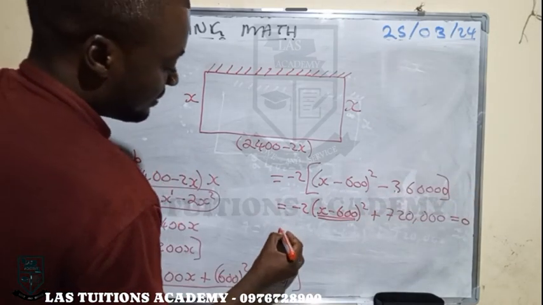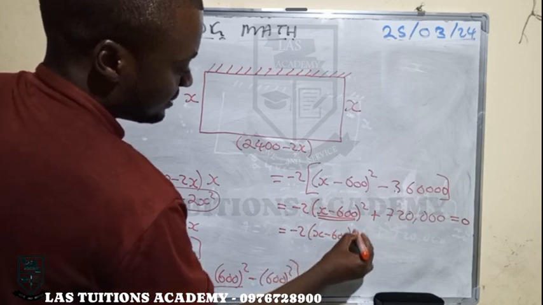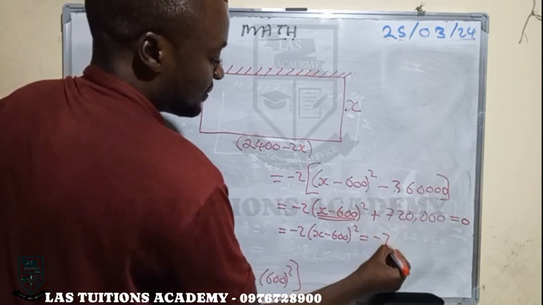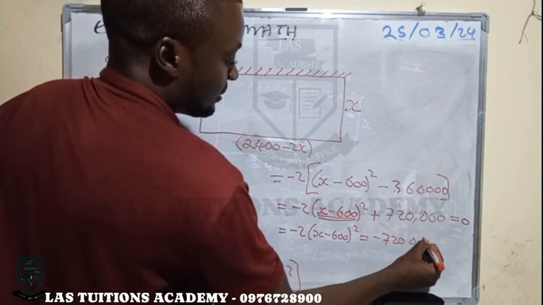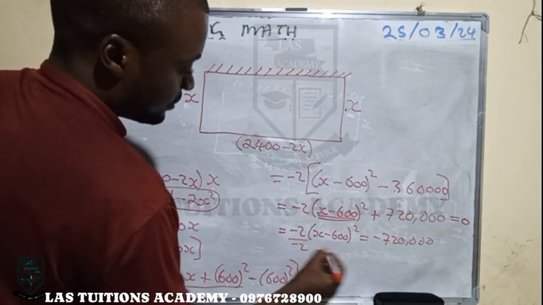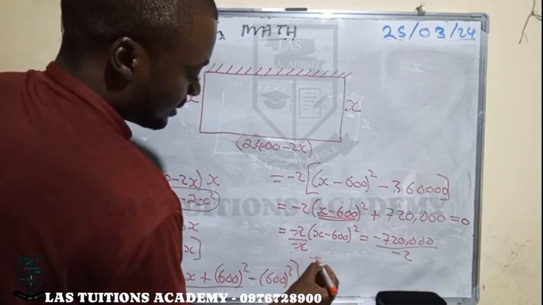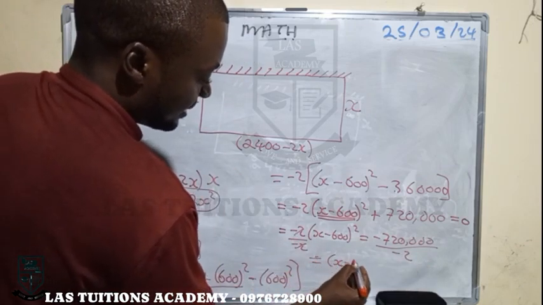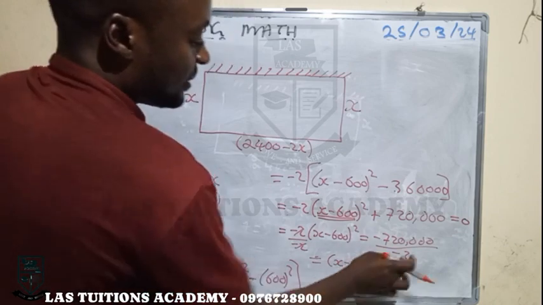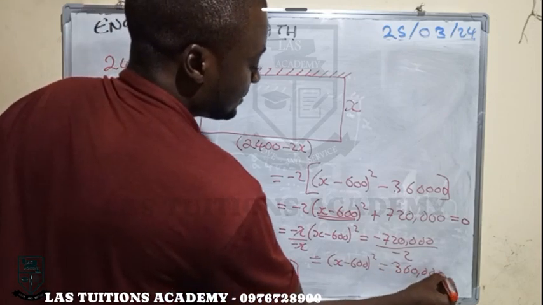So we're going to have negative 2 times (x minus 600) squared is equal to negative 720,000. Negative 2 and negative 2 cancel, so we have x minus 600 squared is equal to 360,000.